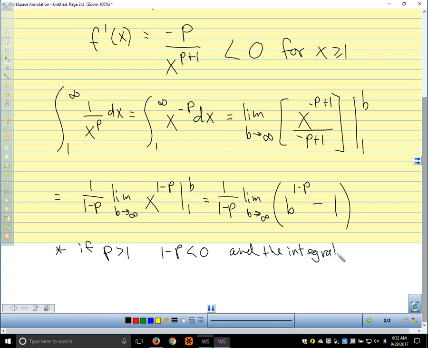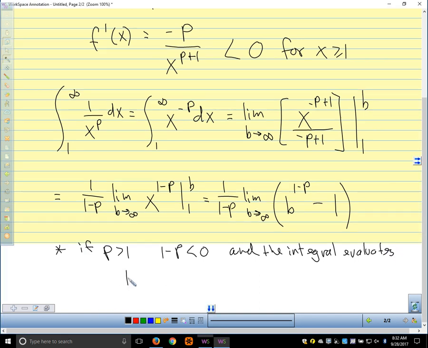And so our integral evaluates to negative 1 over 1 minus p, or 1 over p minus 1, which is finite. So the integral converges, so the series converges.